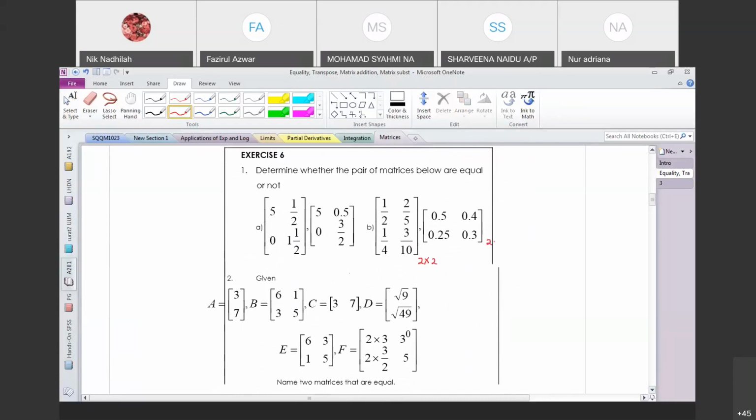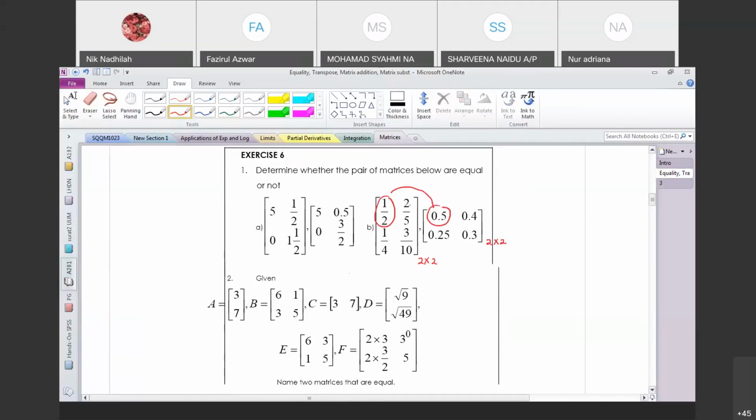And the order of the right matrix is also 2 by 2. It's just that the way they write the elements is different. But actually this is also 0.5, the same as this.